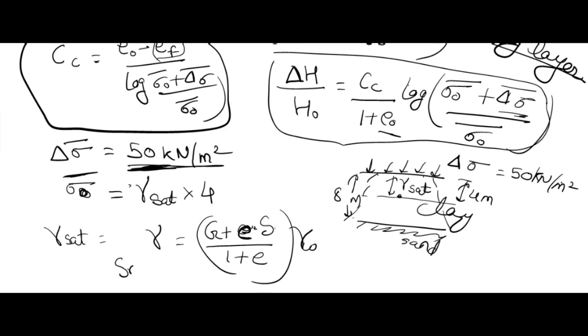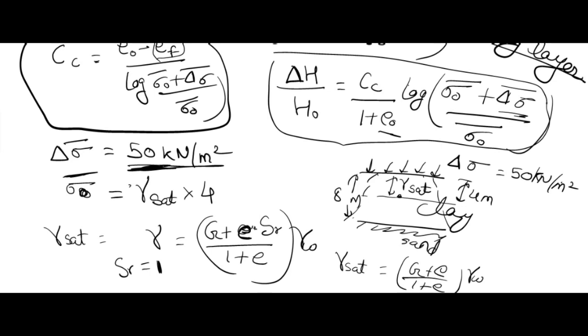Here, since the soil is fully saturated, S is equal to 1. So gamma sat becomes equal to (G plus e) by (1 plus e) into gamma W.